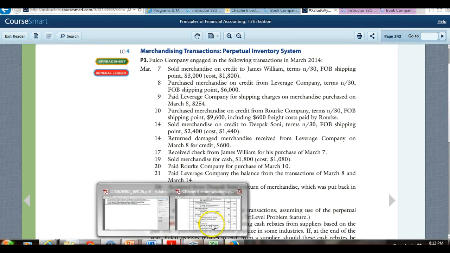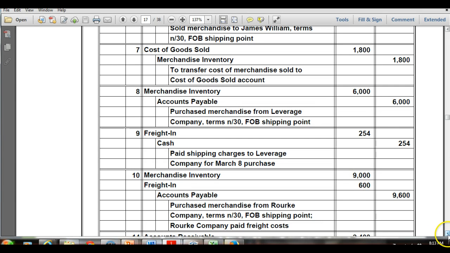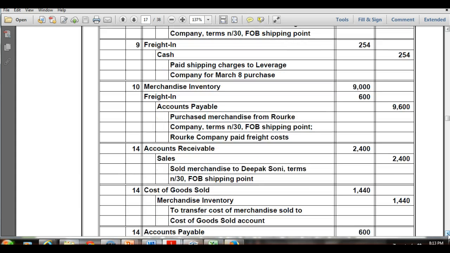So what we'll do there is we'll show $9,000 as merchandise inventory. We debit $600 for Freight In, and the whole amount will be in accounts payable, won't it? How did you get that one? That one's a little tricky in my opinion.